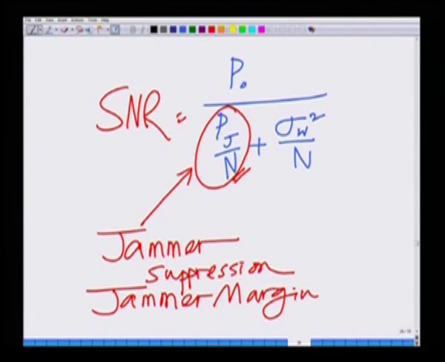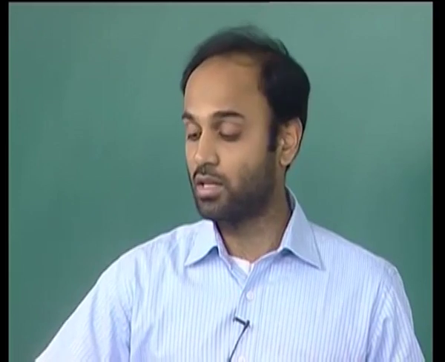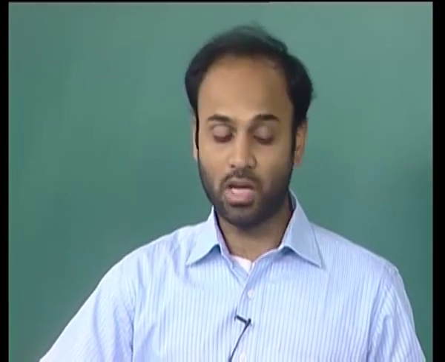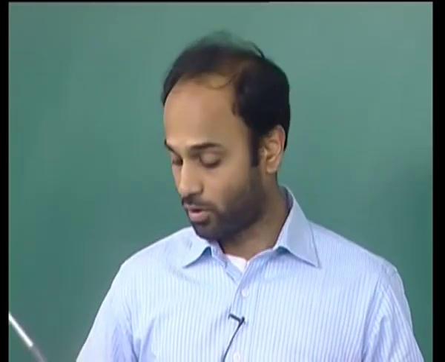Hence, the adverse effect of the jammer is substantially reduced. That is why CDMA is very robust or resilient to interference by a jammer. Hence, we also said one of the first uses of CDMA was in secure communication. It was extensively used in military before coming into the civilian domain for this precise reason, that it is resilient to the adverse effect of jamming.